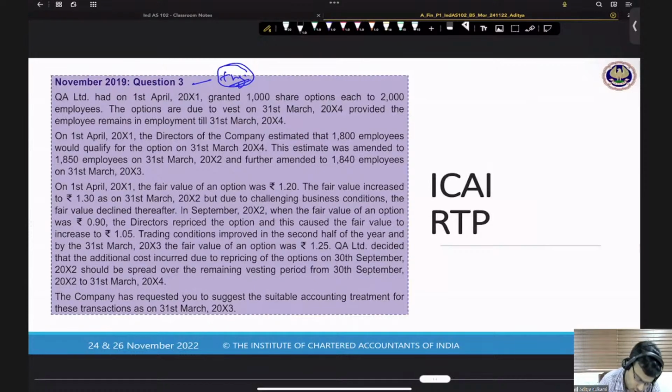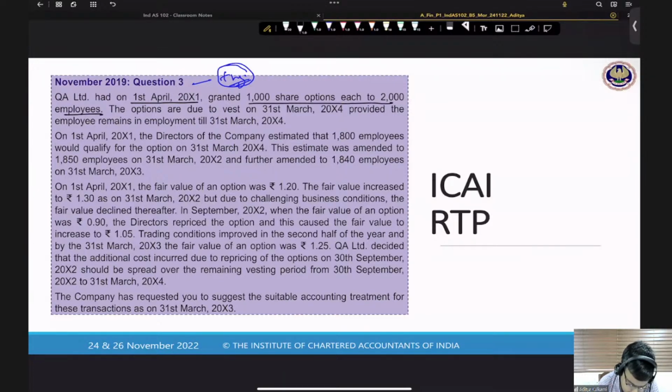QA had on 1st April 20X1 granted 1000 share options to 2000 employees. The options are due to vest on 31st March X4, provided the employee remains in employment till 31st March X4, so this is a service condition. On 1st April, the directors estimated that 1800 employees would qualify for the option on 31st March X4.